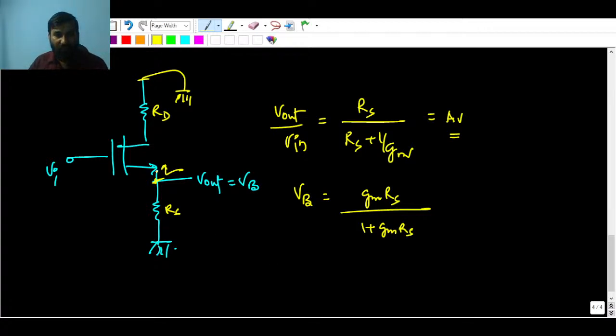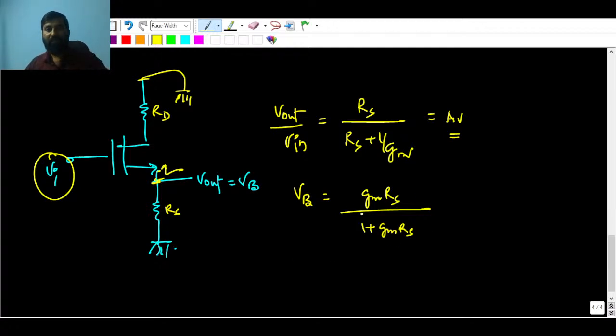If you see the resistance from here to the ground, that is RS, but after all the input is connected here, so everything will depend upon the output terminal only. So 1 by Gm plus RS is the total resistance which you have to divide, and looking from this terminal to the ground, that is RS.